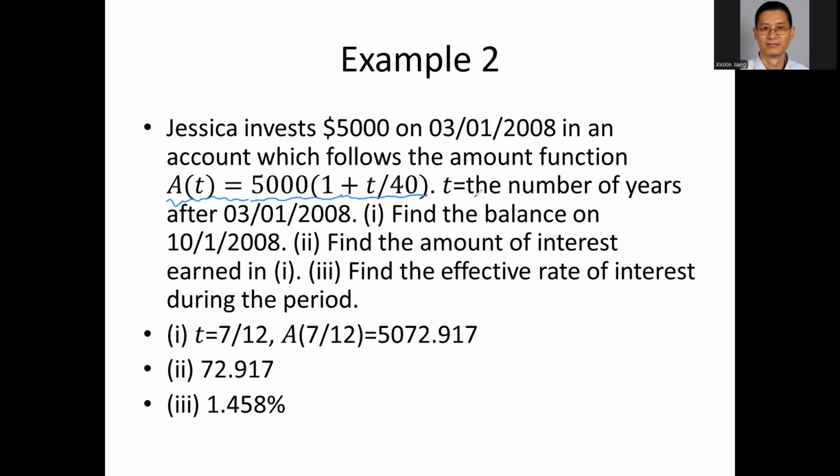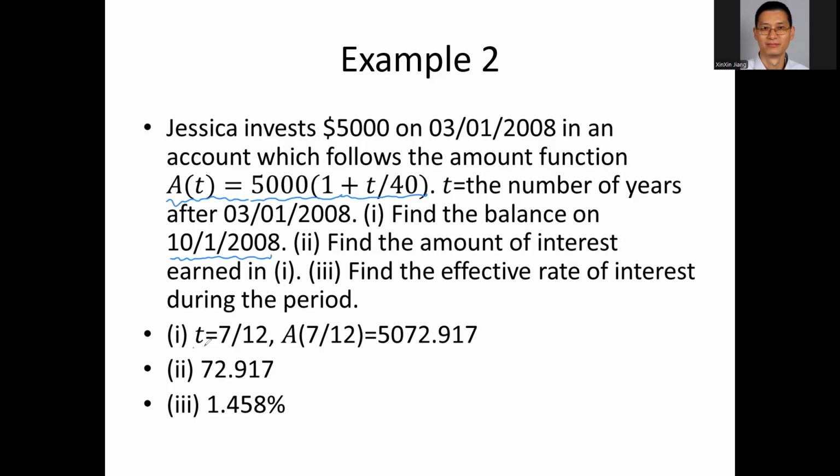And t is the number of years after March the 1st, 2008. The first question, find the balance on this date. On this date, that is 4 months. Okay, so 4 out of 12.